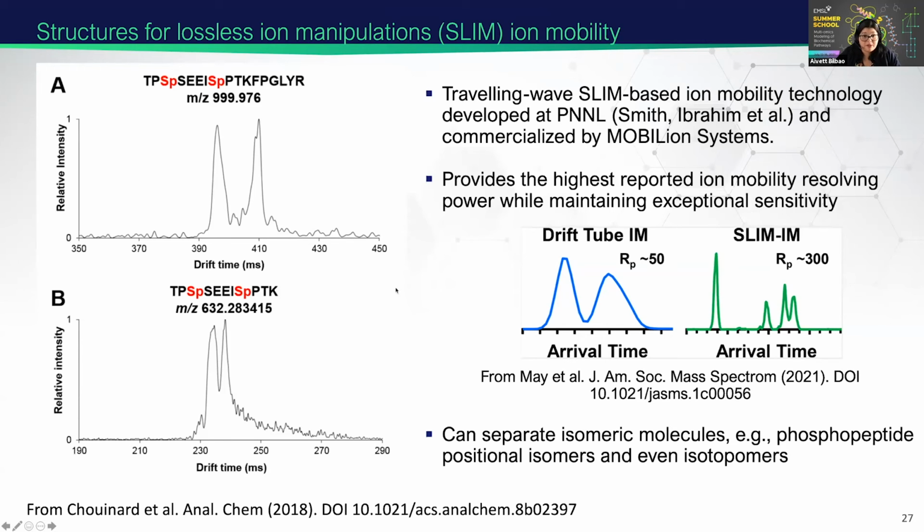Here on the left, you see an example of phosphopeptides that have the same precursor mass, so they won't be able to be distinguished by LC because they have the same LC time point. They are positional isomers, which means the chromatography properties are the same, so they will coelute. But if we perform ion mobility with SLIM, we can separate these molecules and resolve them.